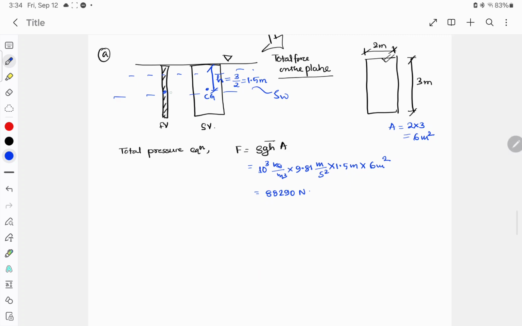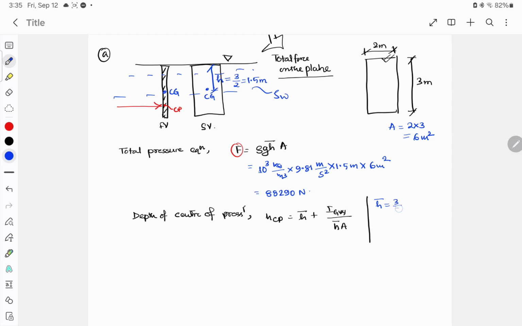Now, of course, we already know that this force will not be acting on the center of gravity. It will be acting on the center of pressure. So we have to calculate the depth of center of pressure, that is h_cp. h_cp is h bar plus I_G yy divided by h bar into A. First we will calculate our things.